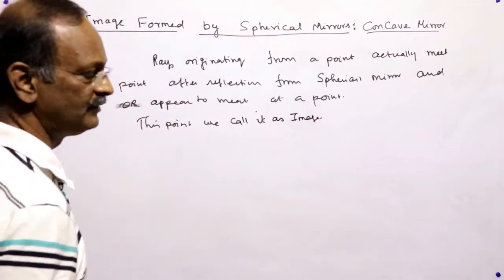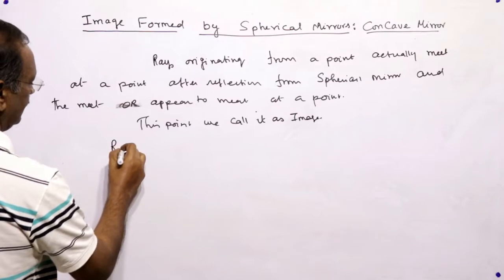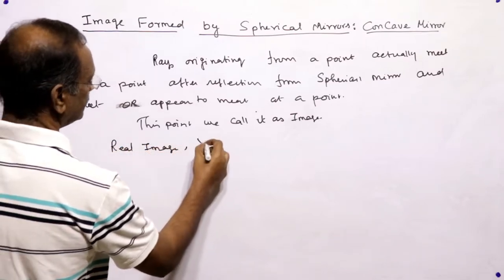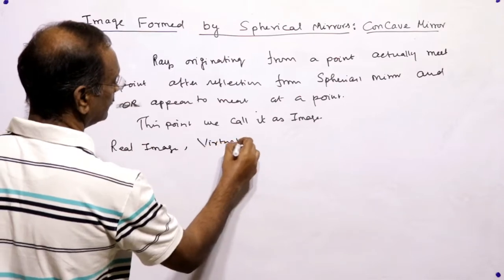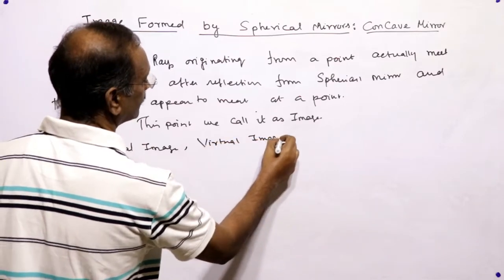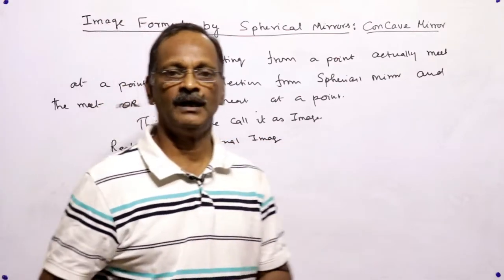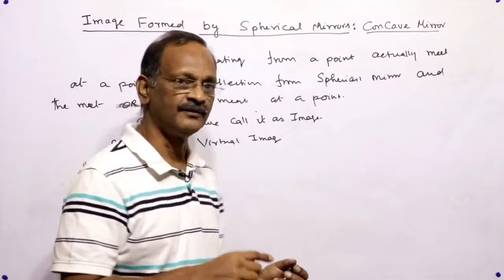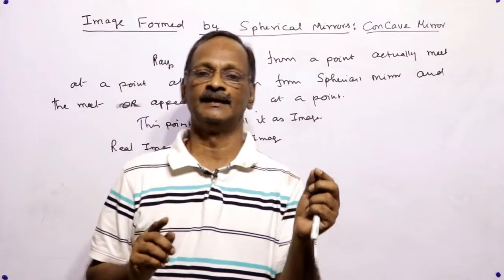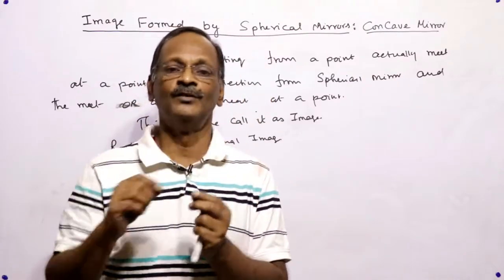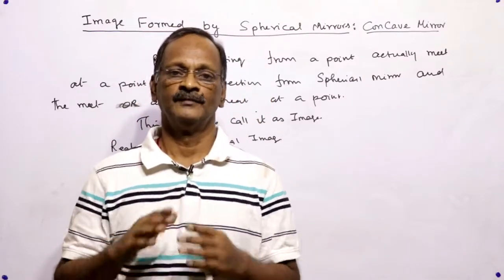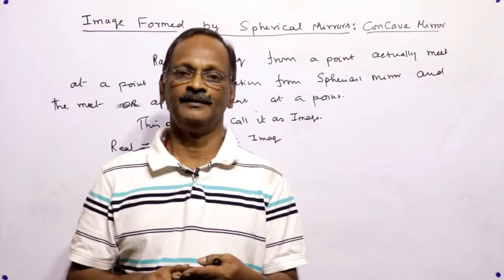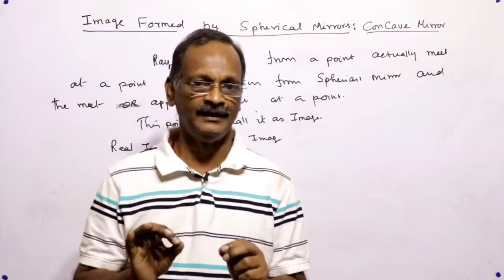There are 2 types of image. One is a real image, the other is a virtual image. How is the real image formed, and how is the virtual image formed? When rays, after reflecting from the spherical mirror, converge at a point, and that point is called the image, and if it is inverted, that will be a real image.